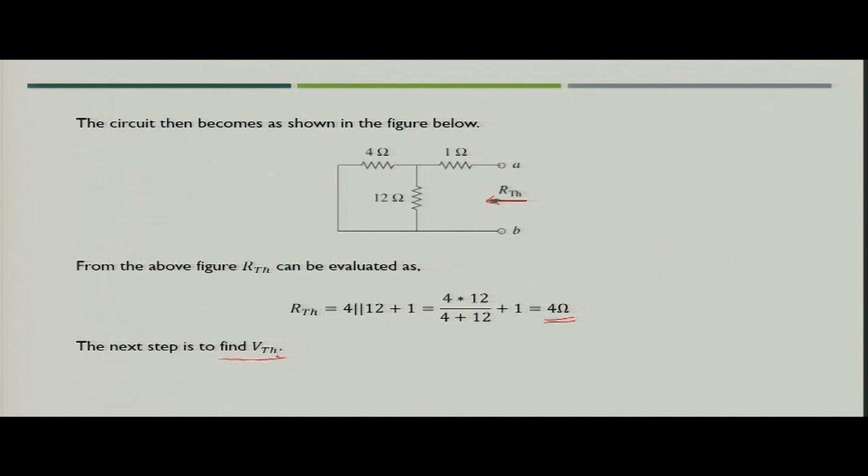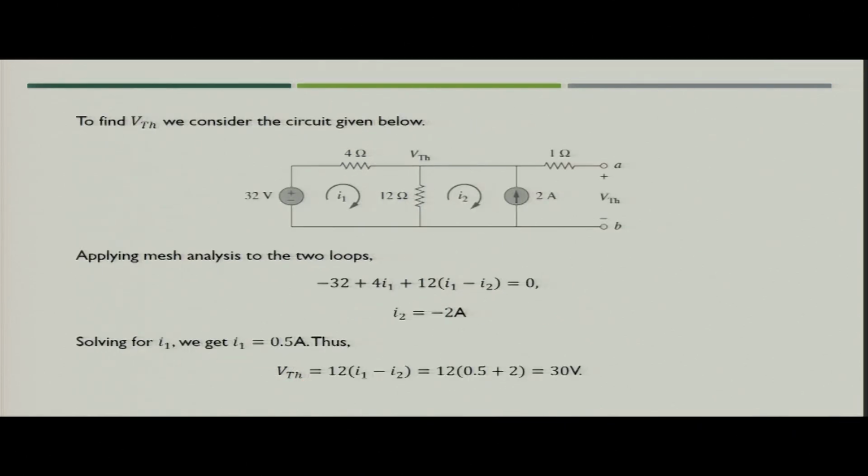Now, the next step is finding the value of the Thevenin voltage. To find it, we have to consider the circuit, and recollect what we discussed in previous classes, especially the mesh analysis, because here you can create two meshes and apply mesh currents I1 and I2 across these two meshes, and you need to find the voltage VTH across terminal AB.